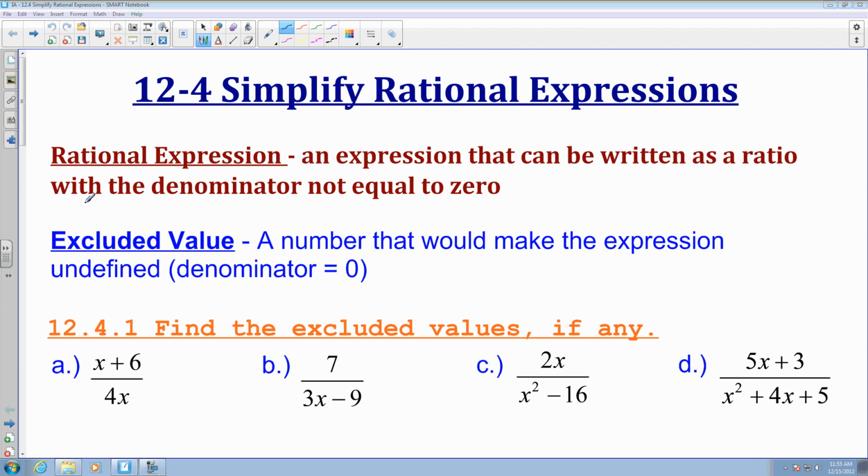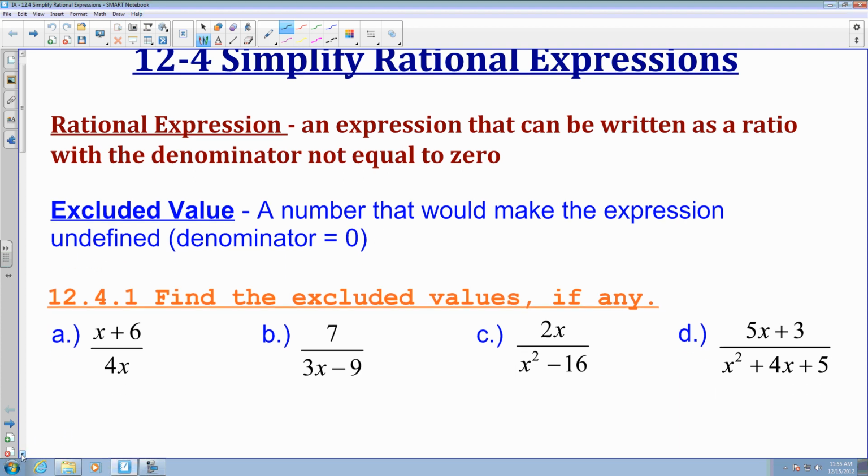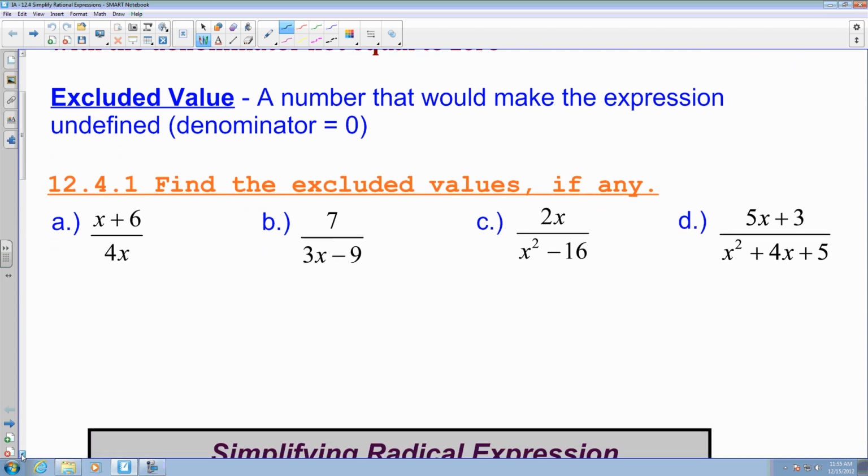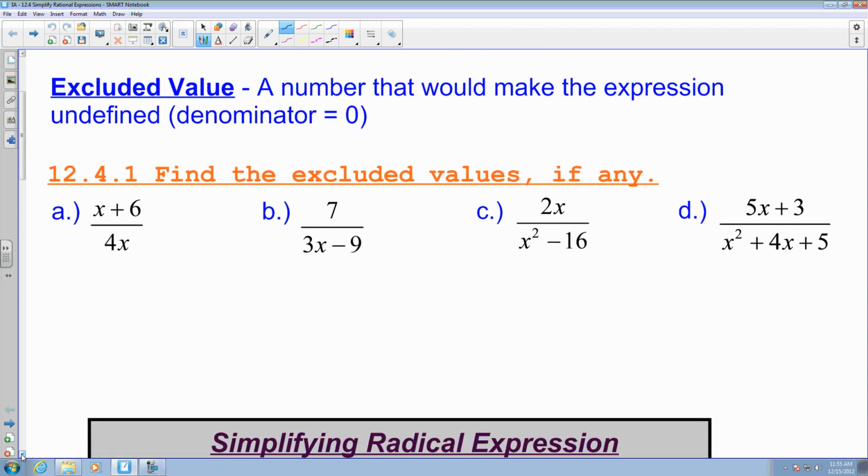Basically, what that means is, whatever's in the denominator, what value of x or y or whatever variable could you put in there to make it 0, so to make it undefined? So the first portion of this section is we want to find the excluded values, if there are any.